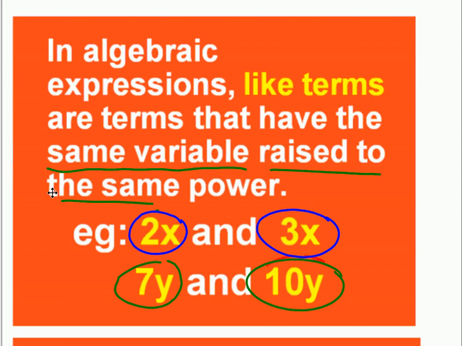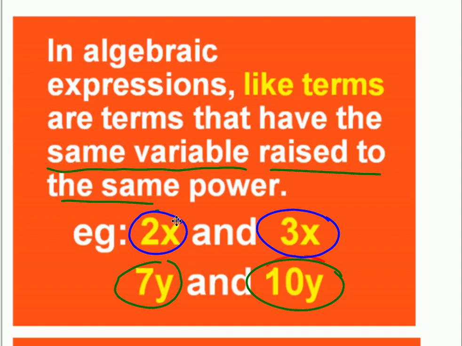Okay, in algebraic expressions, like terms are terms that have the same variable raised to the same power. So for example, 2x and 3x are like terms because they have the same variable. The variable is x and raised to the same power, x to the power of 1.